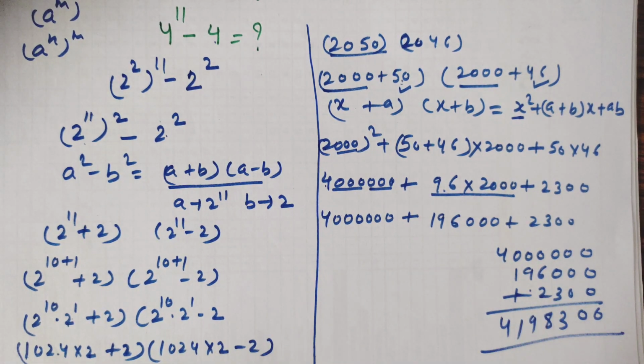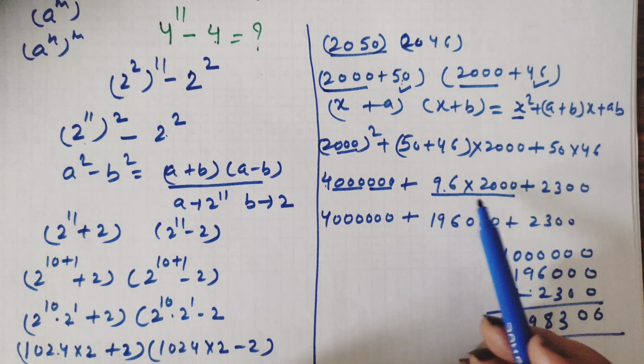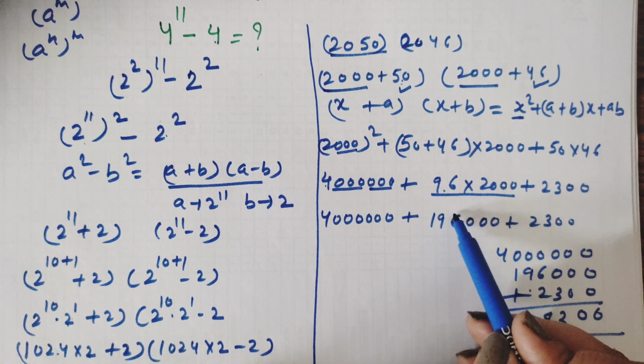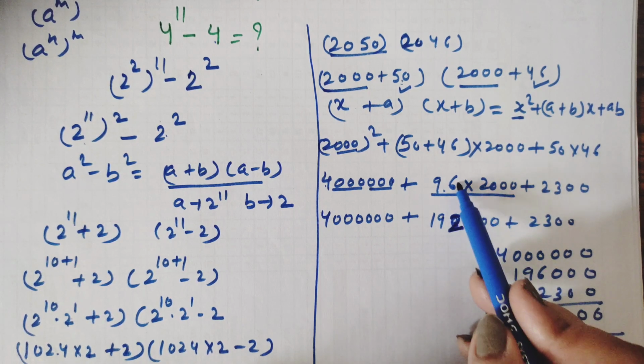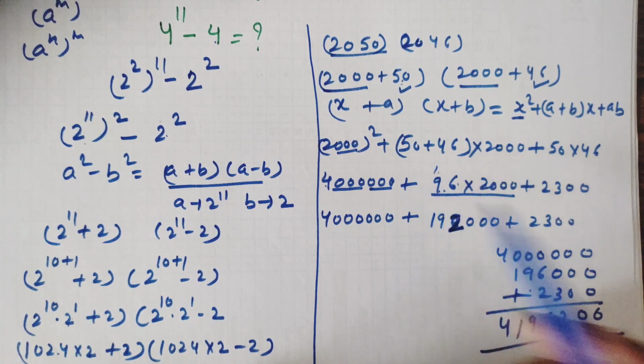So this is our final answer. Now you can see 2 sixes are 12; by mistake I have written 6, you can write 2 here. 2 sixes are 12, 1 carry forward, 2 nines are 18, plus 1 is 19.